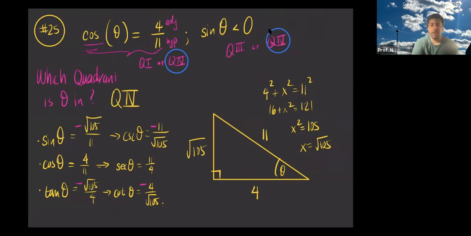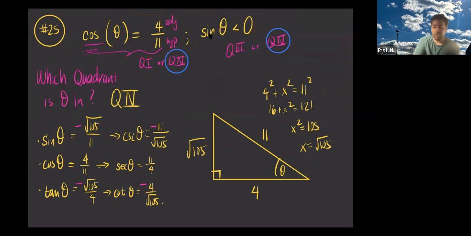Well, if it came out wrong, you also have to consider the sign. You can have the right numbers, but maybe the sign is incorrect. So that's something you have to check. And how do you know what sign it is? It depends upon where your theta is, what quadrant it is in. And you have to figure that out based upon this information here.